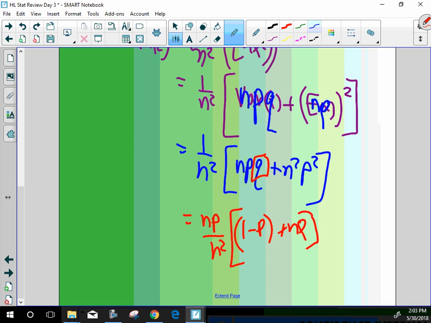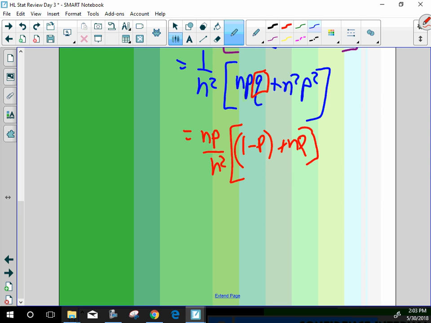Is there any way that this is going to be equal to P squared? I don't think so. So it's NP over N squared times 1 minus P plus NP. It can't simplify. This is not equal to P squared. So we're done.